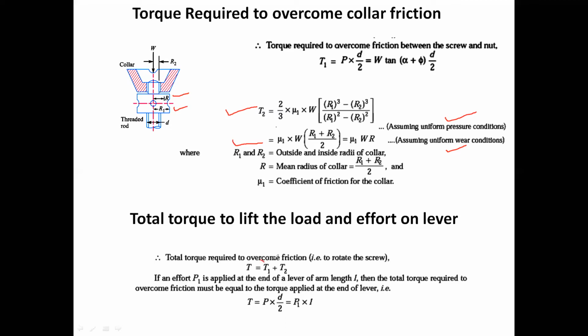T1 is the torque required to overcome the screw friction, and T2 is the torque required to overcome the collar friction. So these are the different torques that have to be overcome.